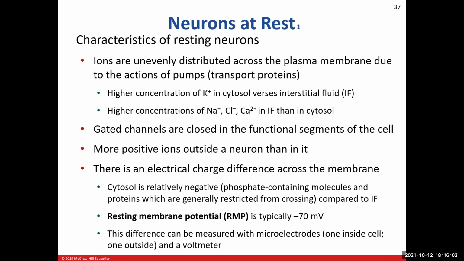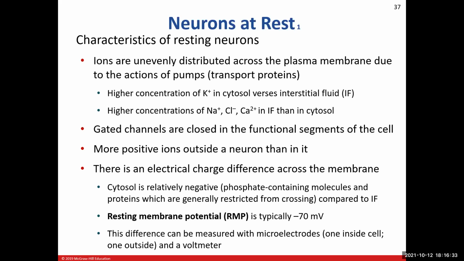Now we're going to take all this information that I've piecemealed together and presented to you, and we're going to fit it into our story. We're going to start off with our neuron at rest, when it's not doing a darn thing. This is what happens in a decent number of nerves in your body, and the neurons that make up that nerve, when you're, let's say, sleeping at night, or if you're in a coma or something.